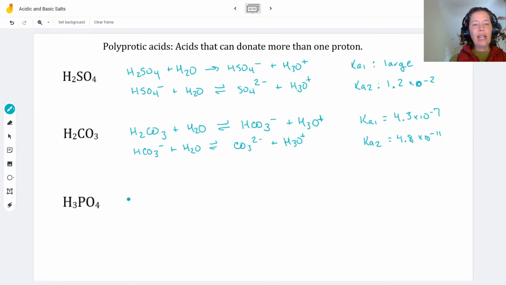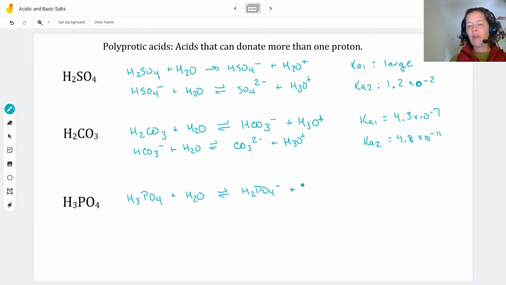Okay, so phosphoric acid, this is a triprotic acid because H3. So it has 3 protons to donate, which means we can write 3 steps for these donations. So we'll start with just our H3PO4, again in water. And this is in equilibrium.